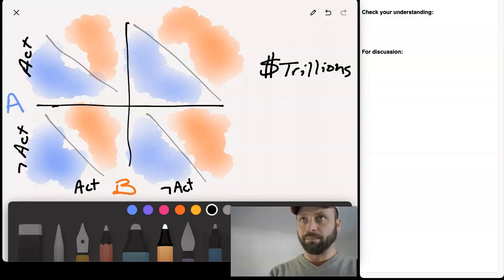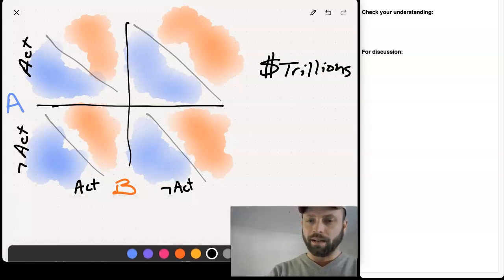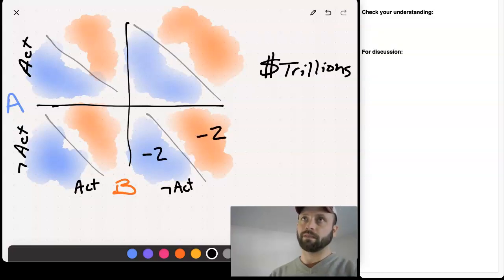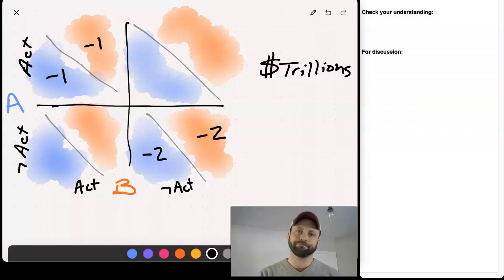So let's suppose that down here, if neither act, they are both out $2 trillion. If both act, they both incur the costs of mitigation, but they're out less damage.